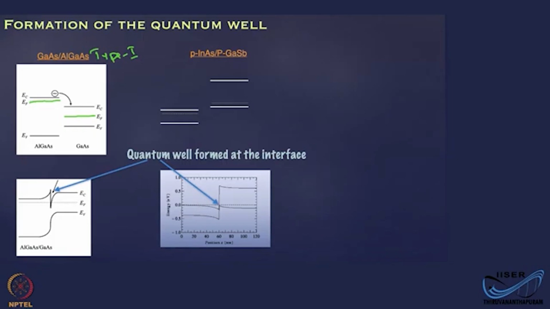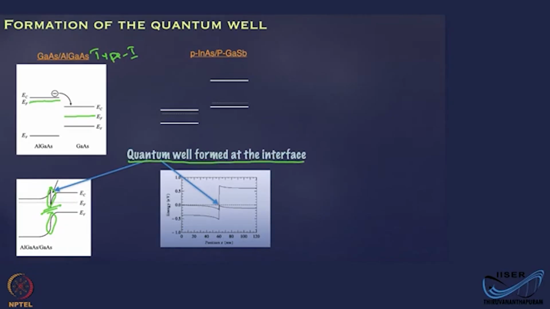So whatever the delta EC and delta EV at these two regions, you cannot change that, but the rest of things you have to align. When you do that, you get a small triangle shaped well at the interface. This is the quantum well.